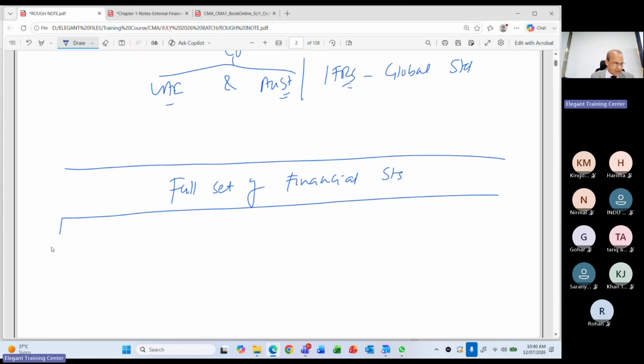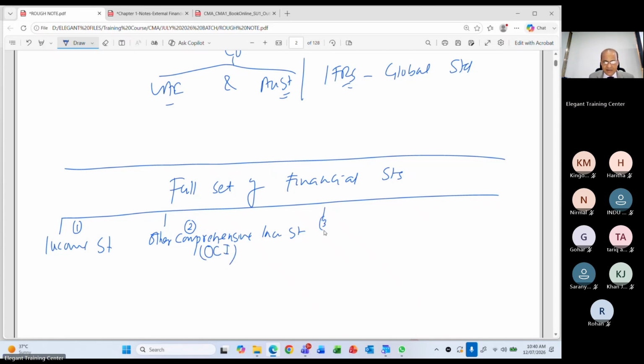When I say full set, one is the income statement, and second is the other comprehensive income statement. One is income statement, second is other comprehensive income statement, we say OCI.